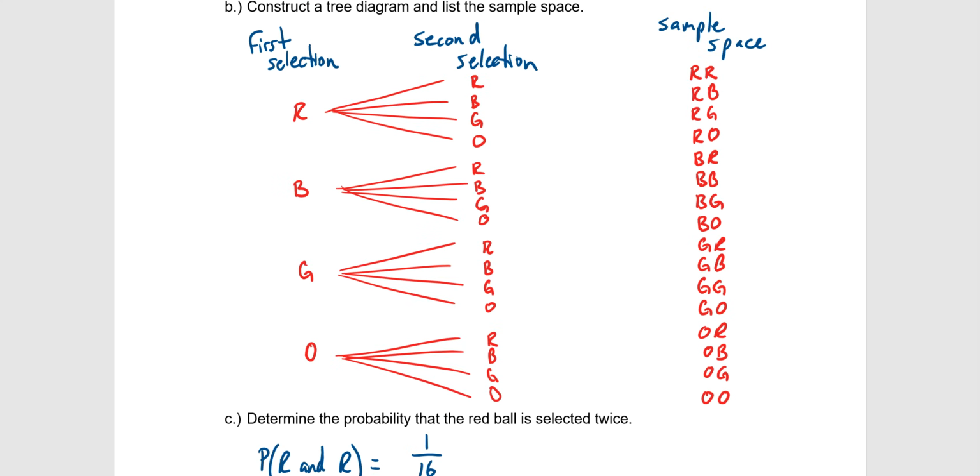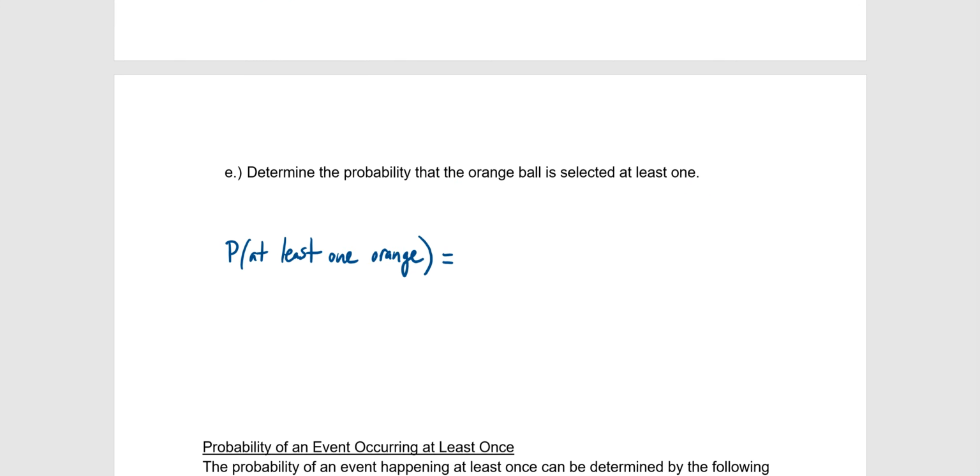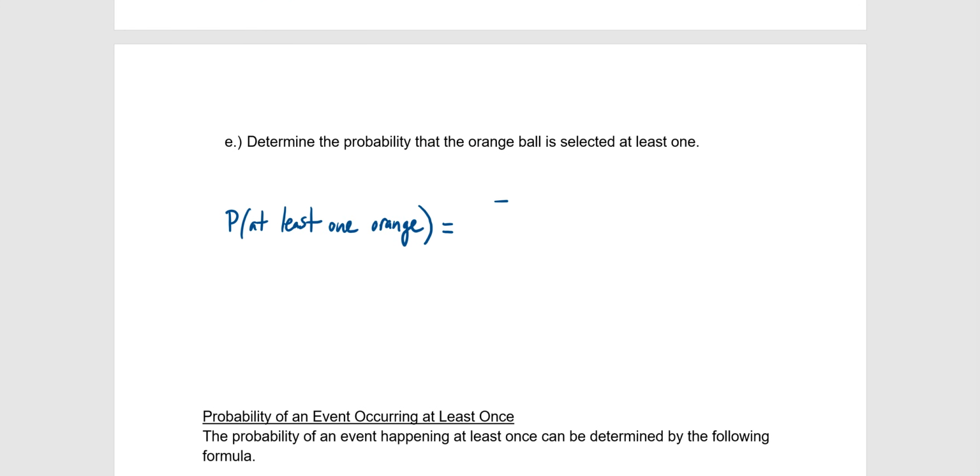So for at least one orange, here's one orange, here's an orange, here's an orange, and then here are all of the other ones. So counting that up, that's 1, 2, 3, 4, 5, 6, 7. So that is 7 possible times that we have at least one orange, divided by 16 possible outcomes. So that probability is 7 over 16.